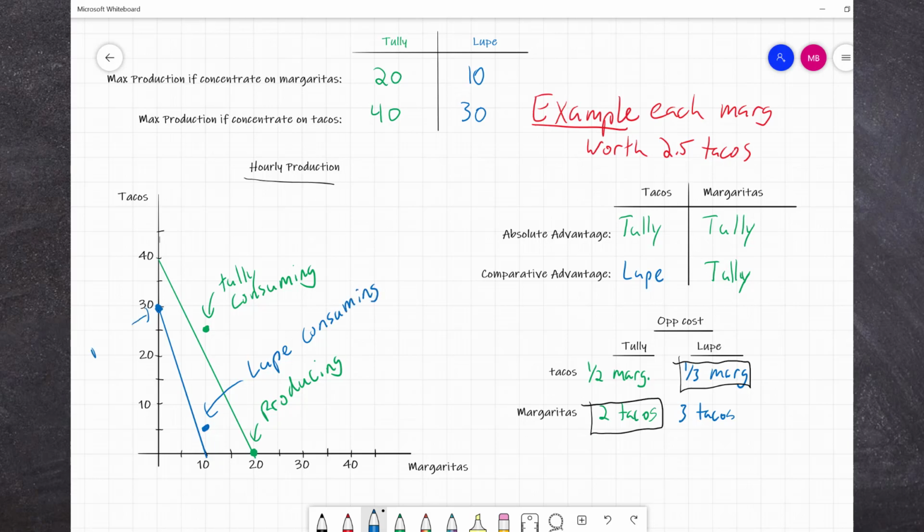This is her production over here. So again, she's outside of her individual production possibility boundary. Through specialization and trade, as long as the terms of trade are between their two opportunity costs, they're both going to be able to get outside of their individual autarkic production possibility boundary.